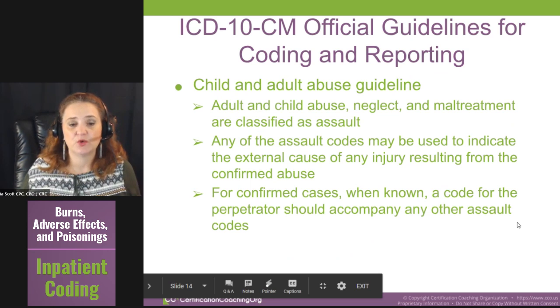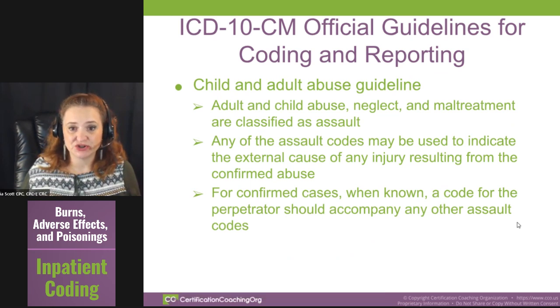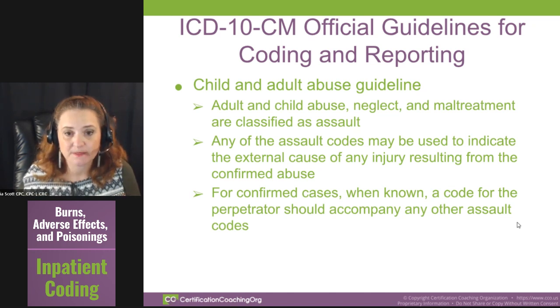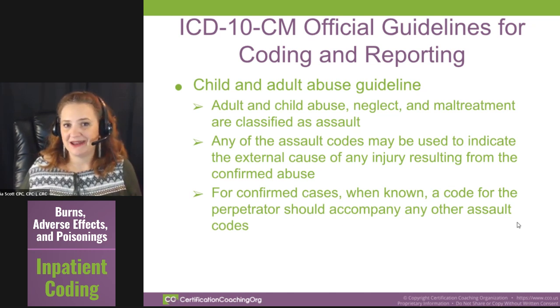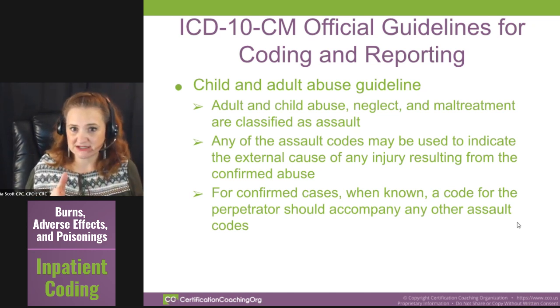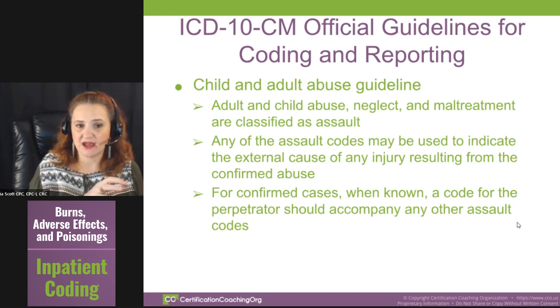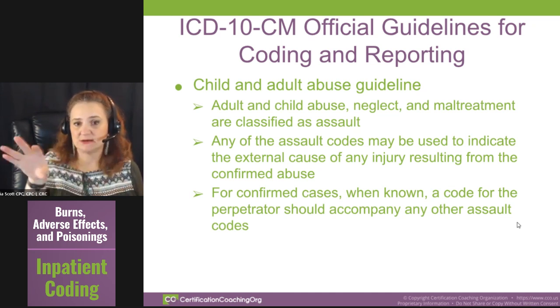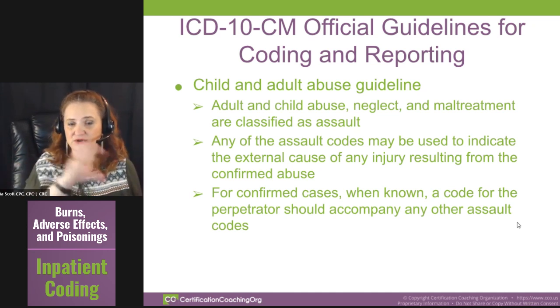The guidelines for abuse for child and adult is maltreatment, and they're classified as assault. Okay. And again, we don't think of assault sometimes in these terms, because we think that abuse is not synonymous with anything else, right? Abuse is just abuse.